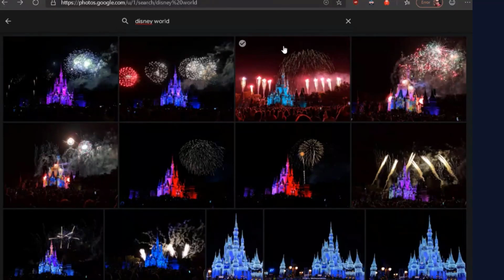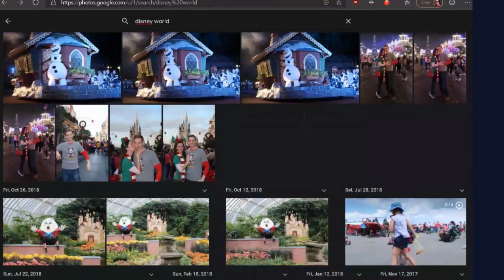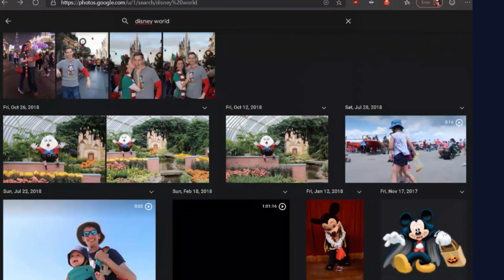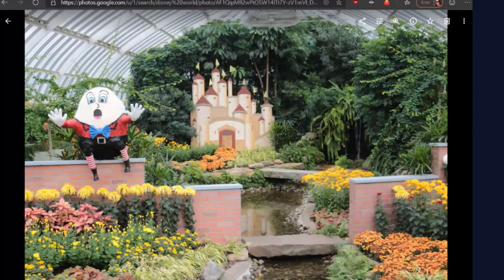But these are taken with my SLR camera that doesn't have a GPS device, and it can still find pictures of Disney World fairly accurately. Although, here's Phipps, but you could see why it would classify that as Disney World, right? Because it has a castle with spires, and it's not always 100%, but it's pretty darn good.